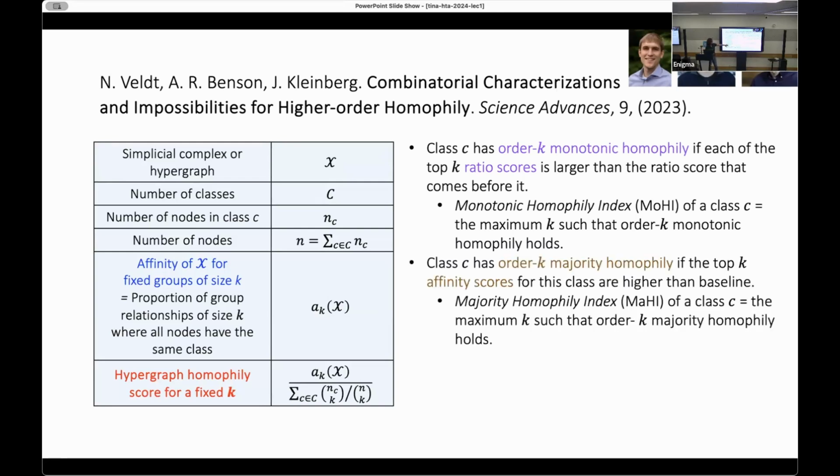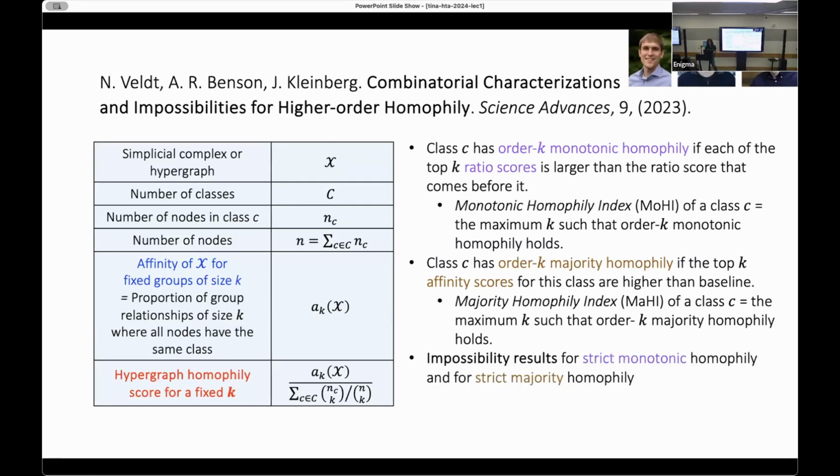And then they also define this other measure, which doesn't look at the ratio, but only looks at the affinity score versus the baseline. I want the affinity score to be bigger than the baseline at k, and that relationship to hold also at k minus 1, k minus 2, and so on and so forth.